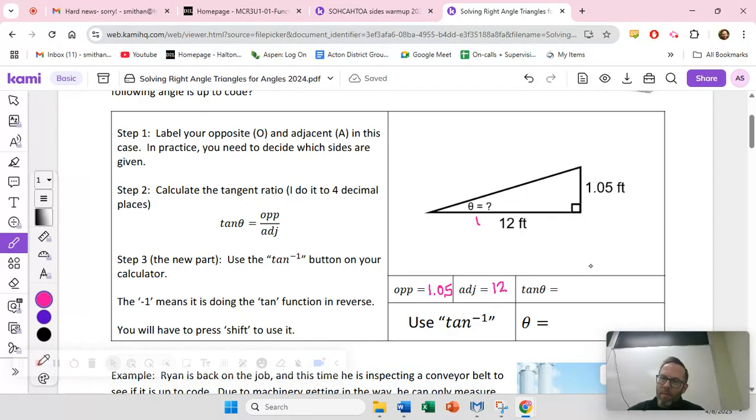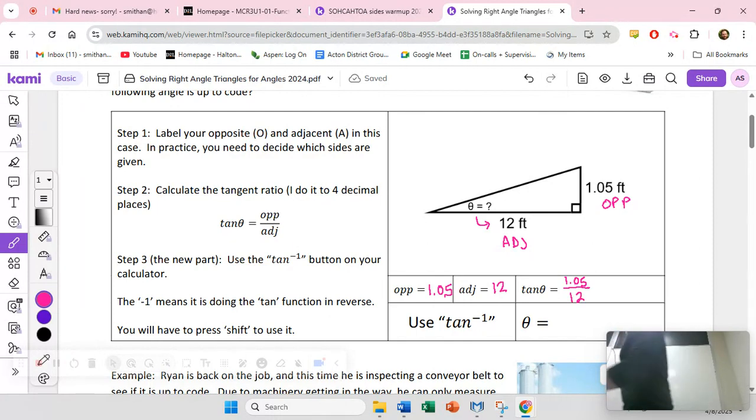It's adjacent because it's next to the angle, and the 1.05 is opposite the angle. If we're setting up an equation using tan, and tan is what we would use here because we have opposite and adjacent, we get tan of theta is equal to 1.05 divided by 12.